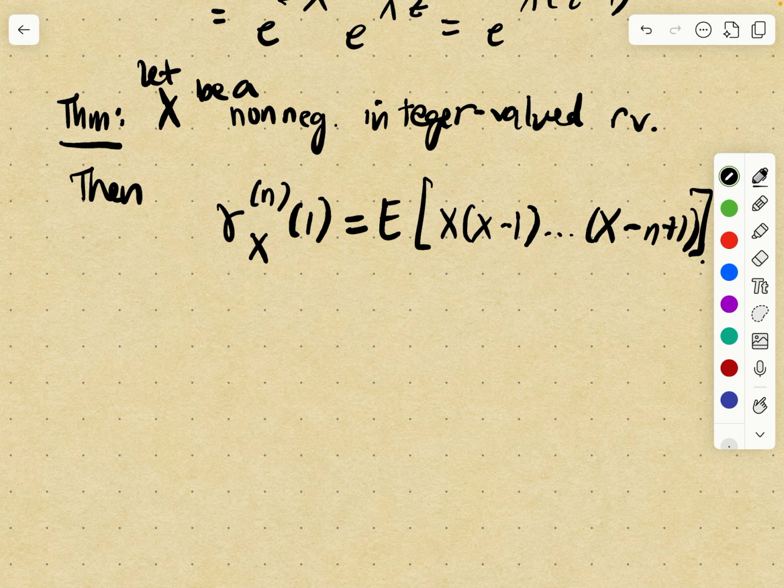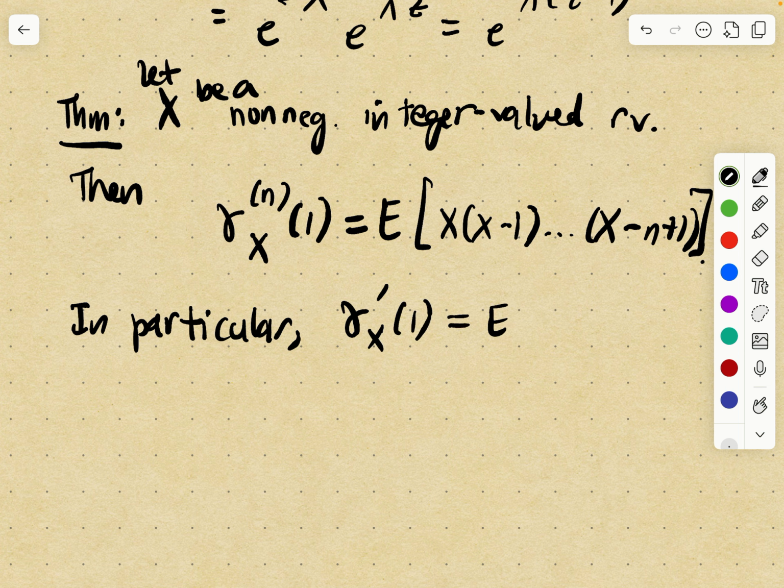Okay, so in particular, if you take the first derivative and plug in 1, so this is the derivative of the generating function, you get the expectation of x. Right? Because you plug in n equals 1, you get x minus 1 plus 1 is x.